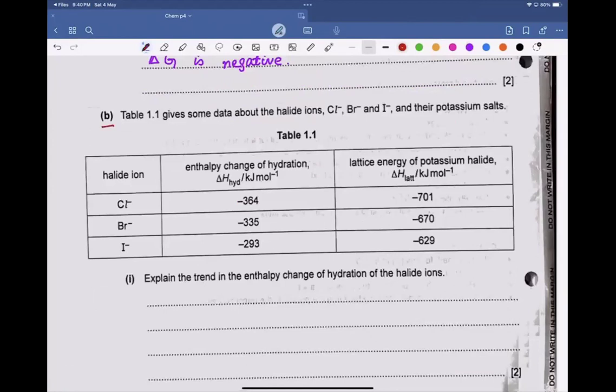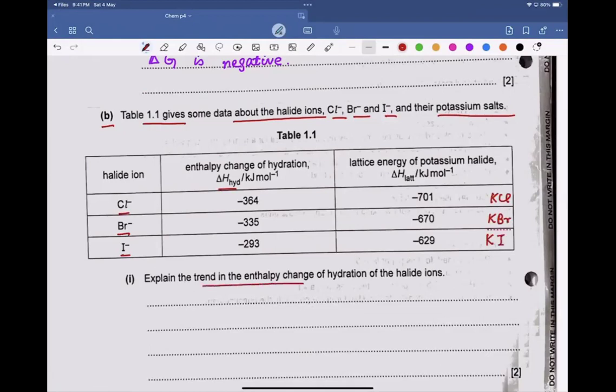Okay. Now part B. Table 1.1 gives some data about the halide ions, chloride, bromide, iodide, and their potassium salts. So that is the hydration of chloride, hydration of bromide, and hydration of iodide. And here it's the lattice energy of potassium chloride, potassium bromide, and potassium iodide.